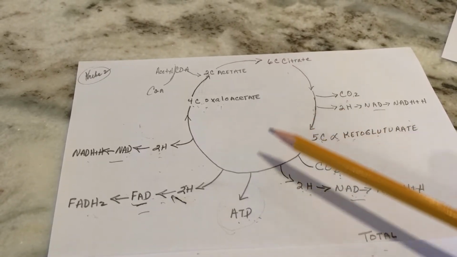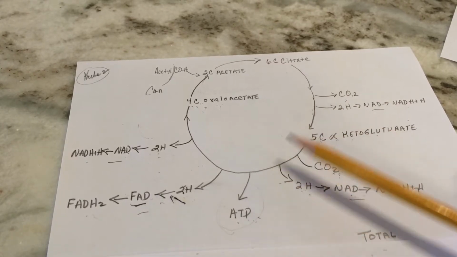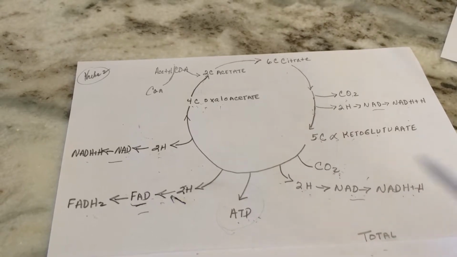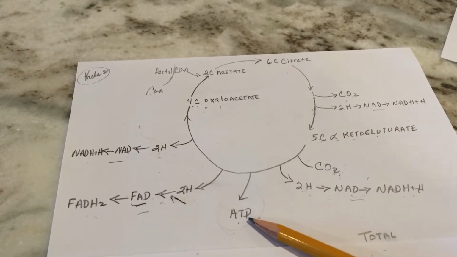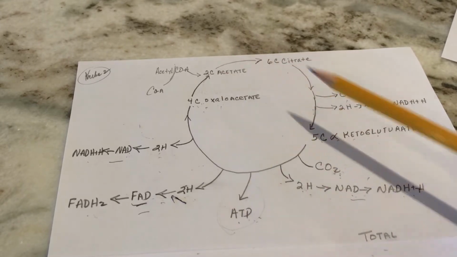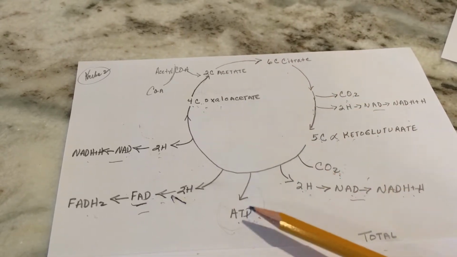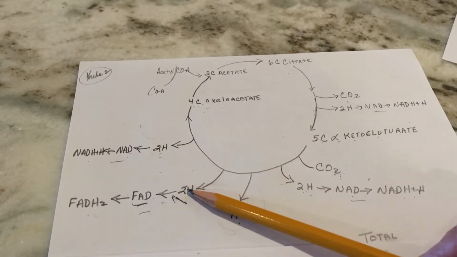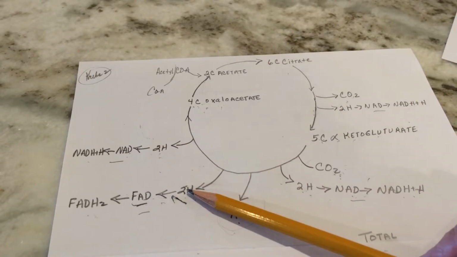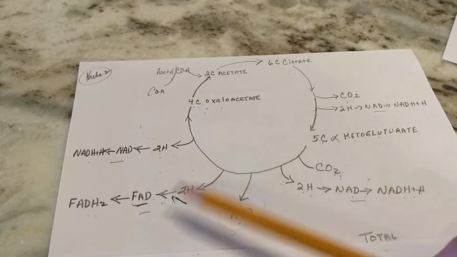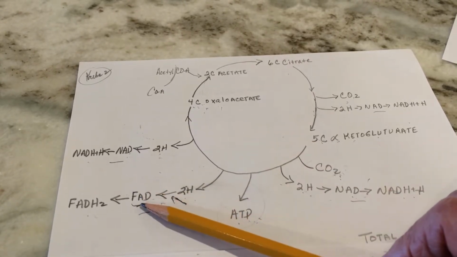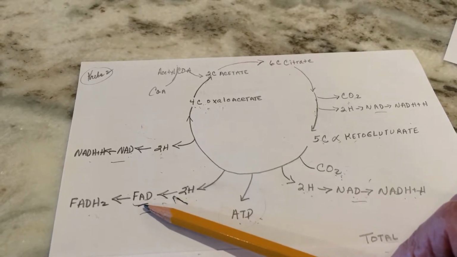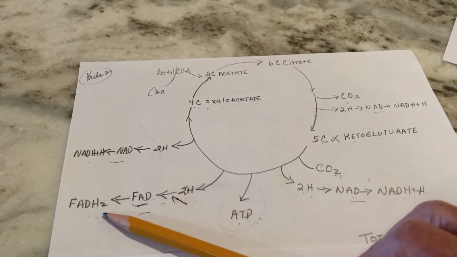Now enough atoms and electrons have been chopped off of these compounds that a lot of excess heat is produced, and 1 molecule of ATP is made in each turn of the Krebs cycle. That's called substrate phosphorylation. Then 2 more hydrogen electrons and 2 protons are oxidized off, picked up by a new bus called FAD, or flavin adenine dinucleotide, to make FADH2.